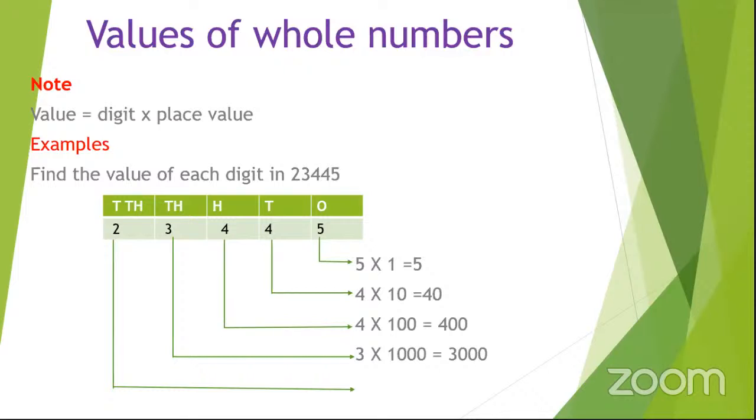You multiply 10,000 times 2. Good. How many zeros does 10,000 have? 4. Wow. So we shall say 2 times 10,000, giving us 20,000. So this is how we can get the values of whole numbers.